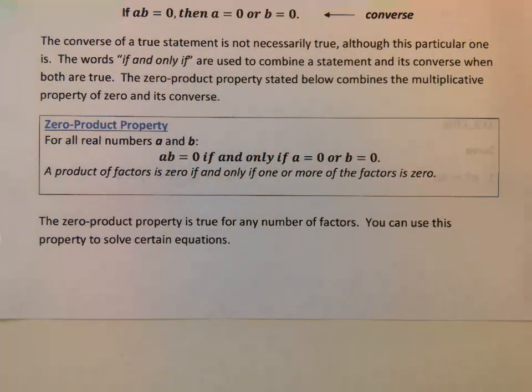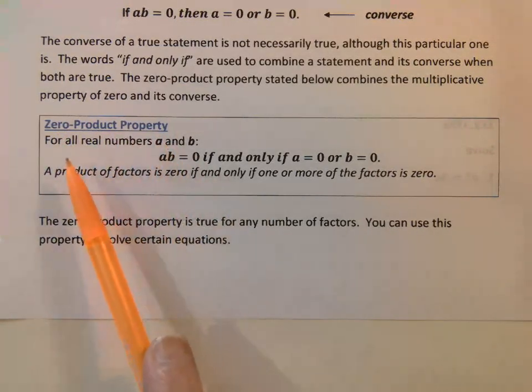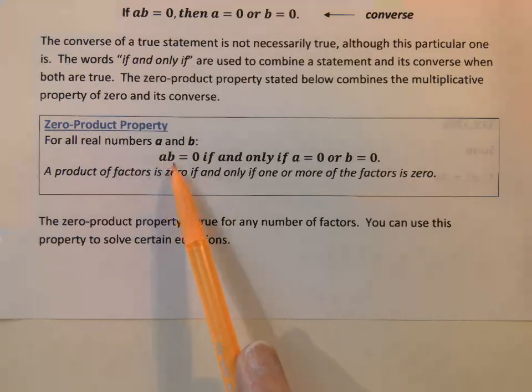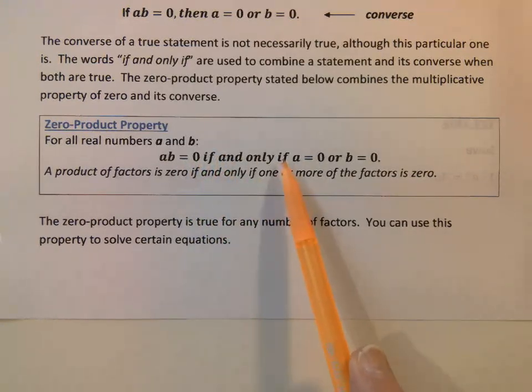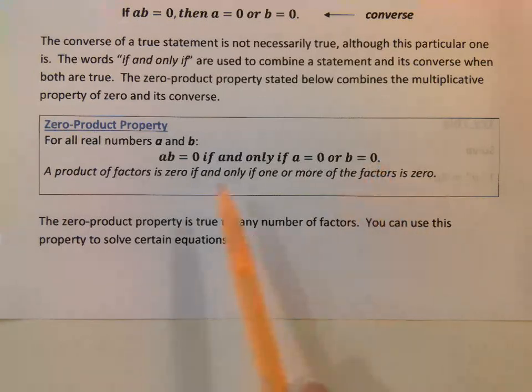The words if and only if are used to combine a statement and its converse when both are true. So the zero product property stated below combines the multiplicative property of 0 and its converse. In English, basically the zero product property says if a and b are real numbers, then a times b equals 0 if and only if a is equal to 0 or b is equal to 0 or both are equal to 0.